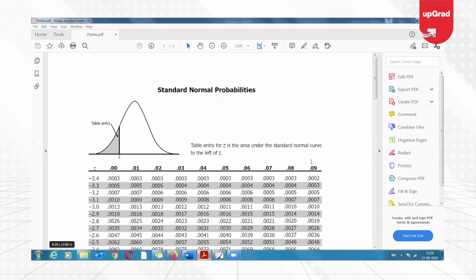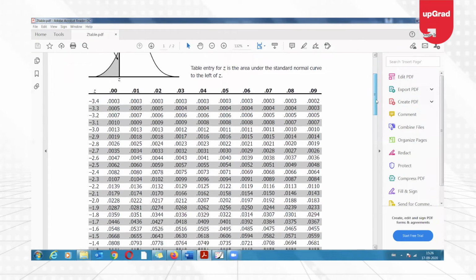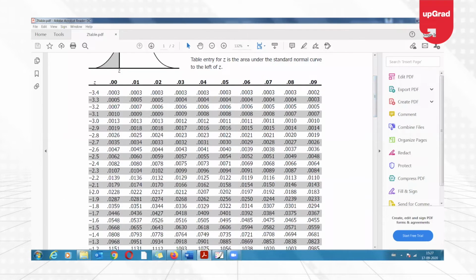So let's come to the z table. Here we can see that the z-score is 2, which means the p-value is 0.0228.